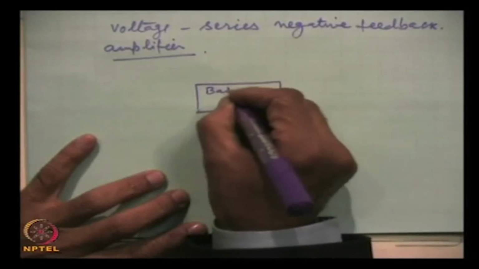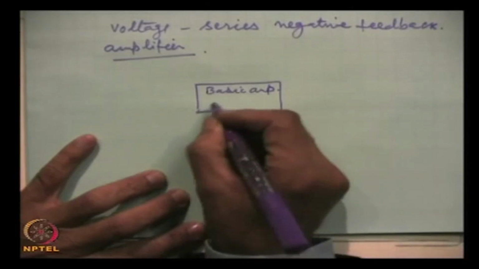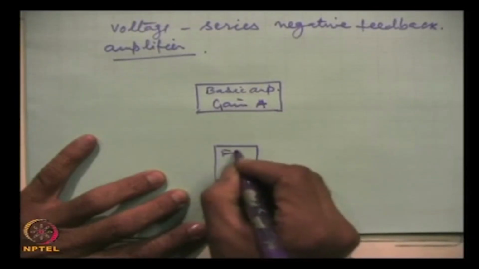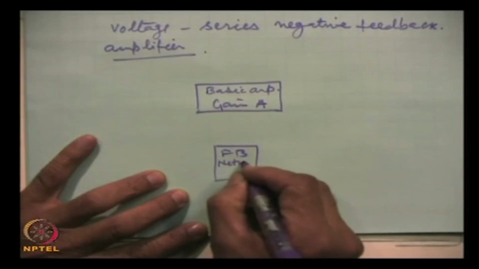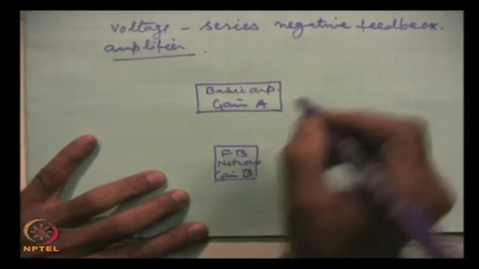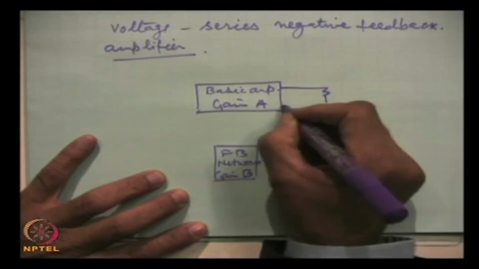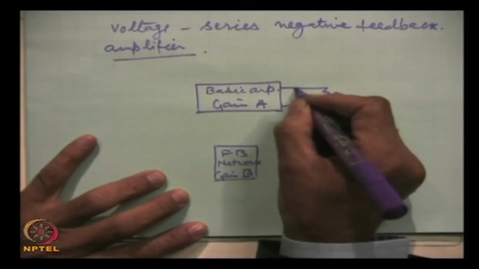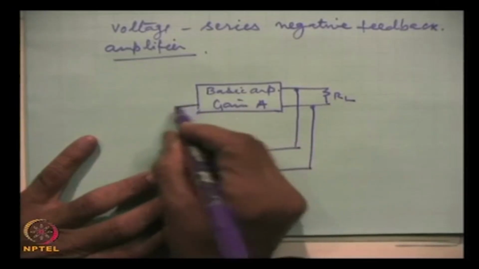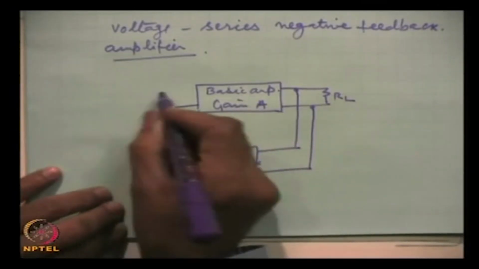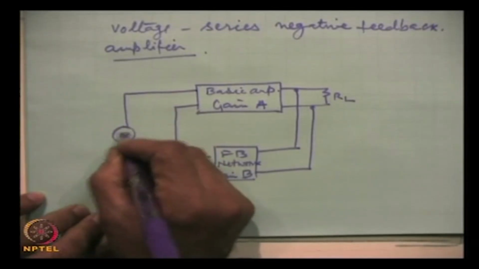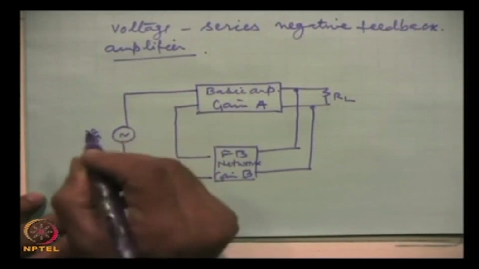Basic amplifier, gain A, this is the feedback network, and here the gain is B, and R L. This is the applied input signal V s.